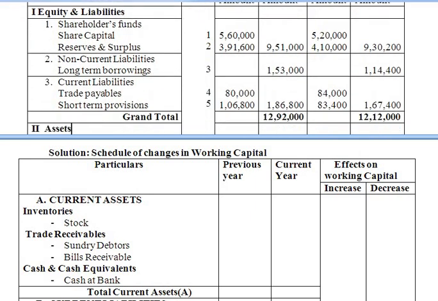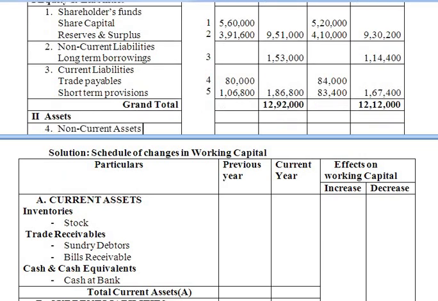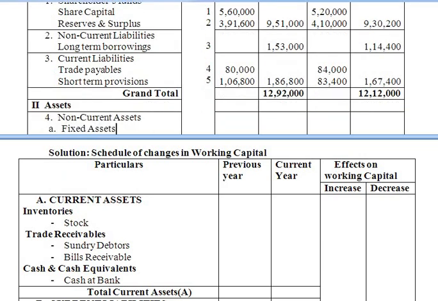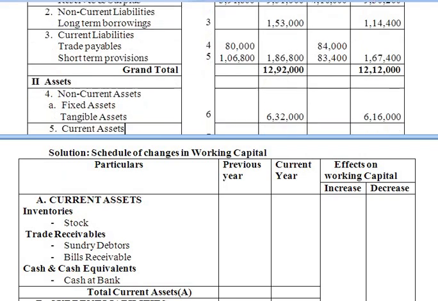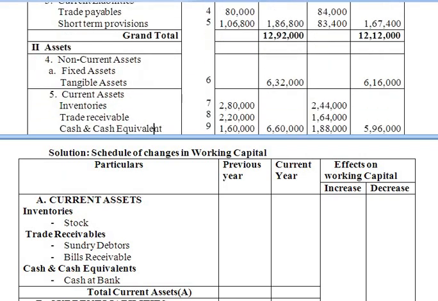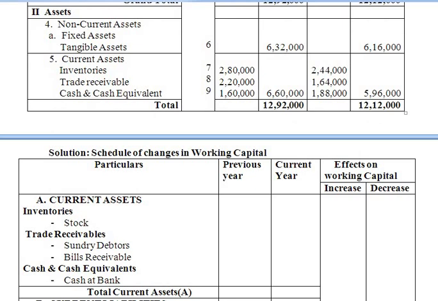The total equity and liabilities for 2018 is 12,92,000 and for 2019 it is 12,12,000. In the asset side we have non-current assets and current assets. The total assets are 12,92,000 and 12,12,000.